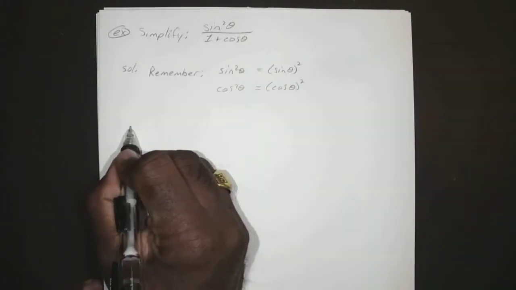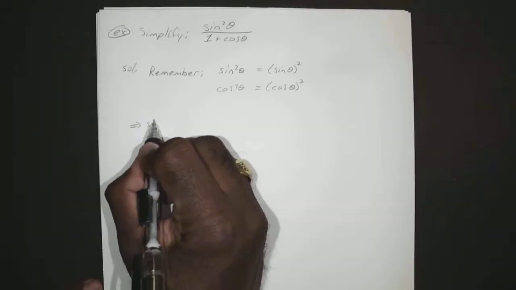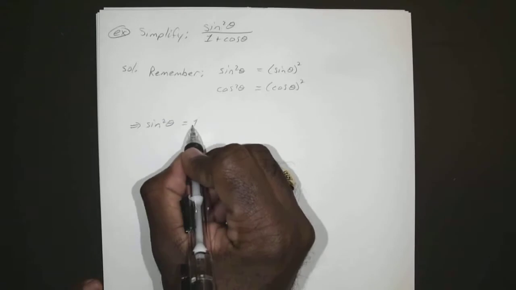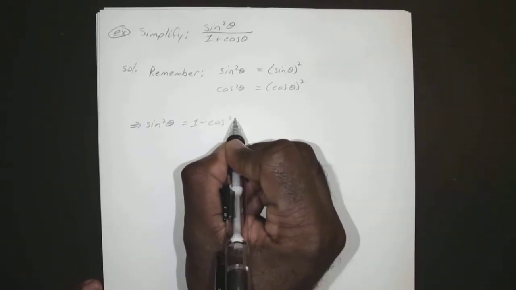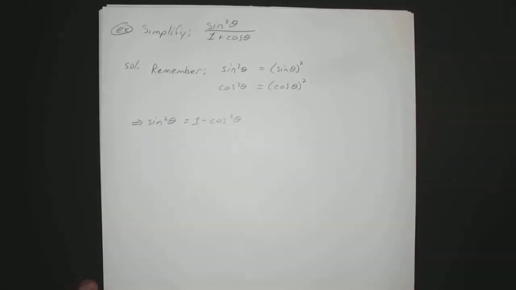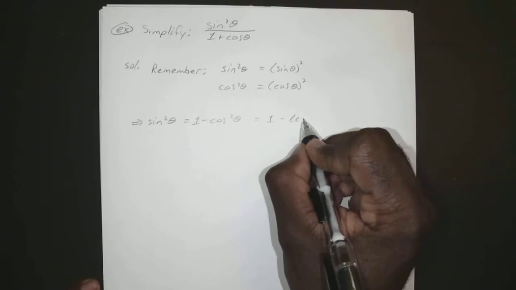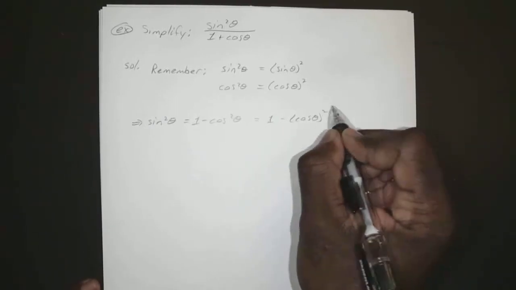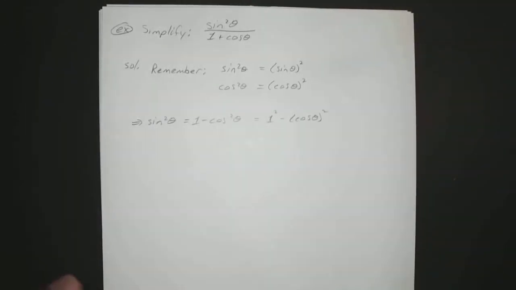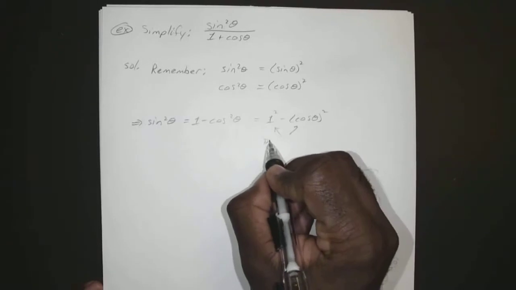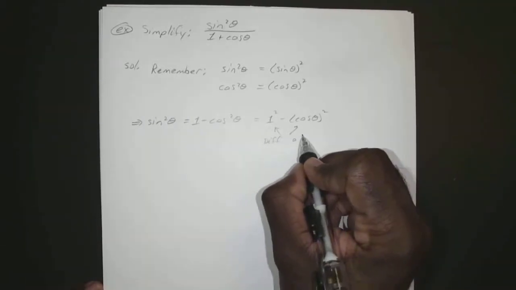Okay. So we know that sine squared of theta is equal to 1 minus cosine squared of theta, which if you wanted to change to that, you could. That's 1 minus cosine theta squared. Or you can say 1 squared minus cosine theta squared, which if you notice is a difference of squares.